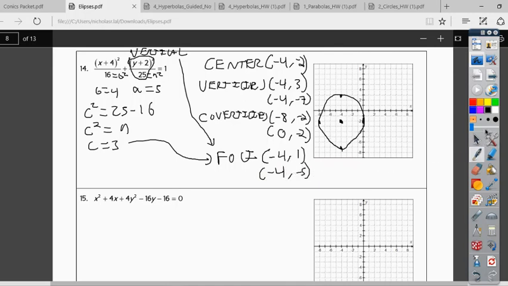So you have foci -4, 1, and -4, -5. And those are their foci F1 and F2. Alright, so that is the ellipse for 14.